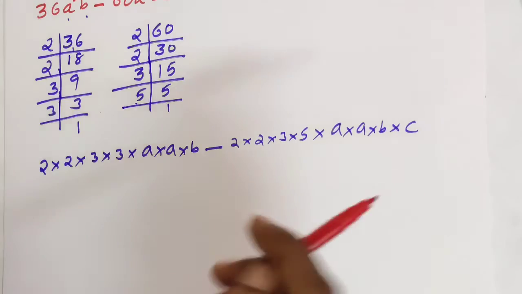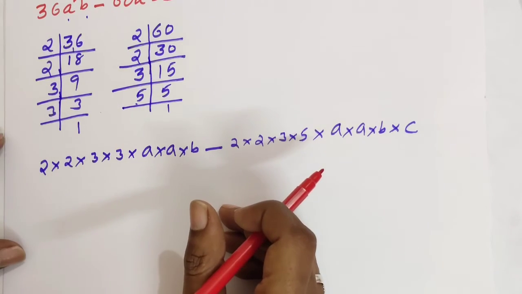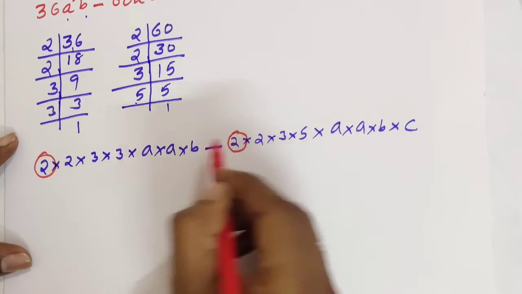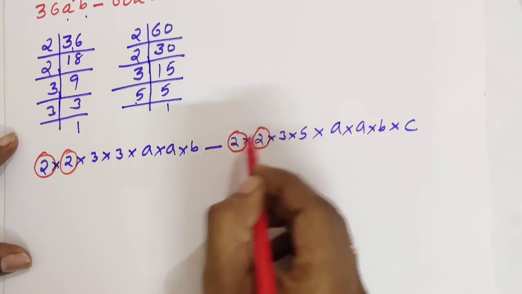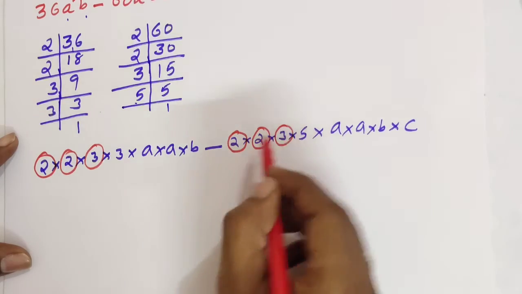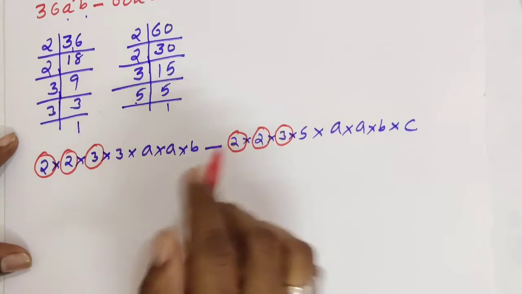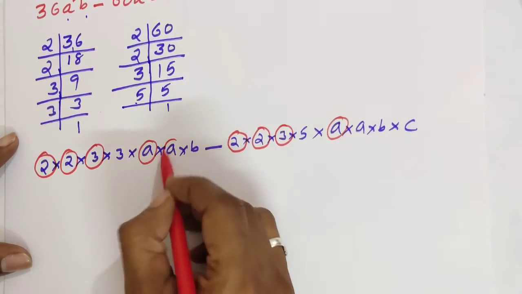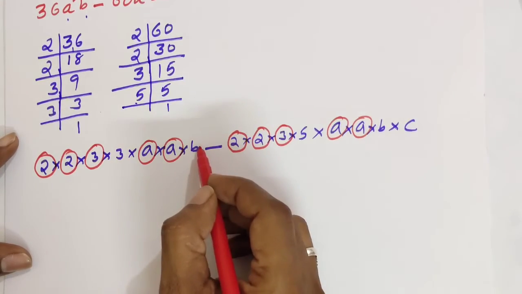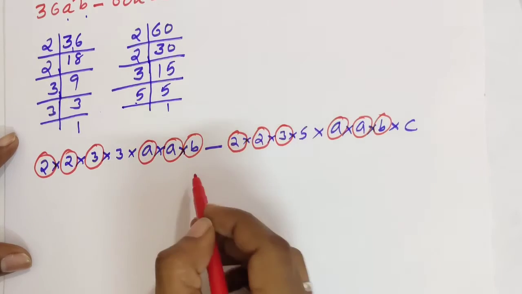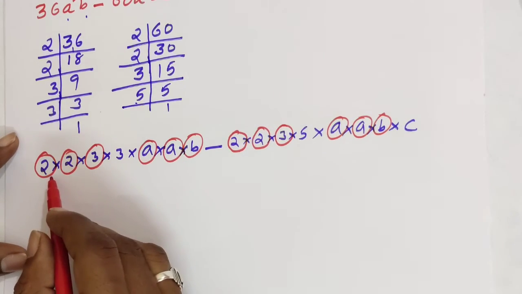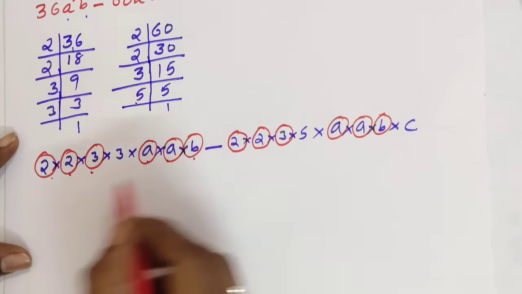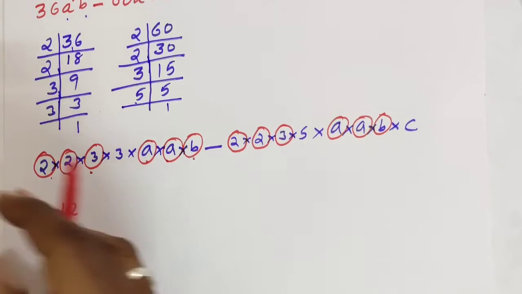So among all these, we have to circle the common factors. Here 2 is common, again 2 is common, and 3 is also common. Till here the numerals are over. Now see the variables: a, and again a, and again b. So here we have actually what? 2 2s are 4, 4 3s are 12.